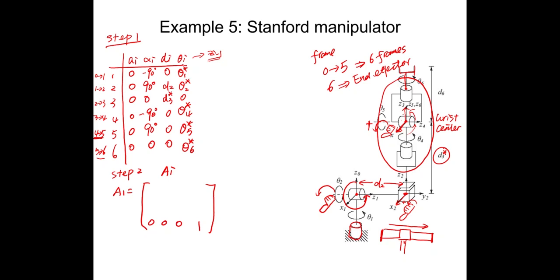Again, the last row is 0, 0, 0, 1, and I have C1, which means cosine theta 1, and 0, negative S1, 0, because these 2 are 0. And this is S1, 0, C1, and 0, negative 1, 0. You can try to plug in these 0, negative 90 degrees, and 0, so that you will have the same A1 matrix.